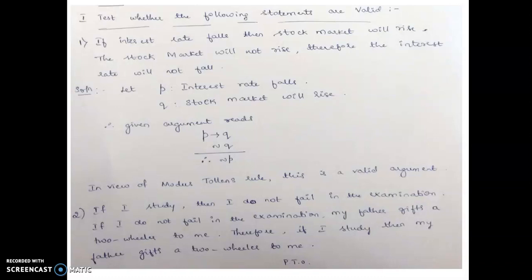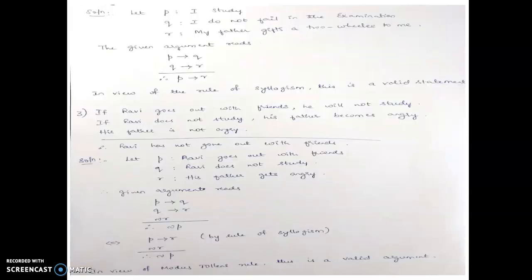So there is one more example. If I study, then I do not fail in the examination. If I do not fail in the examination, my father gives a two-wheeler to me. Therefore, if I study, then my father gives a two-wheeler to me. So here there are three statements.